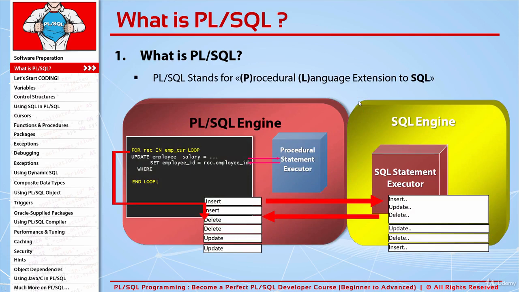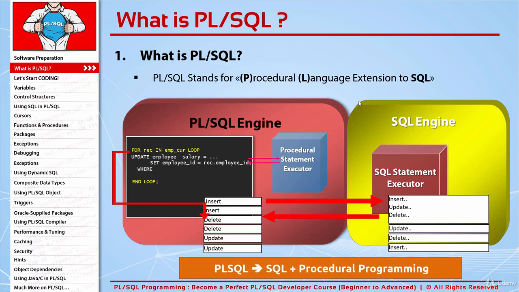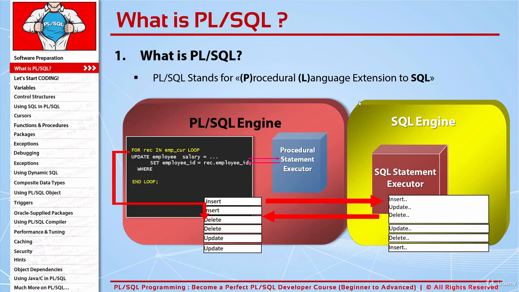As we can understand from the name, PL/SQL is a procedural programming language which extends SQL capabilities. That means PL/SQL is SQL plus procedural programming. With PL/SQL, you can have variables, control structures, which means if structures, loops, triggers, IO operations, and many things that you can think of from a programming language.